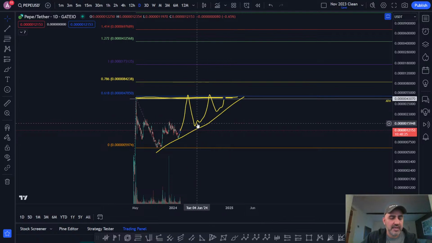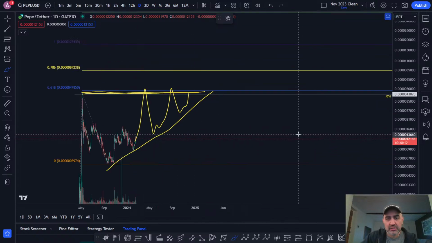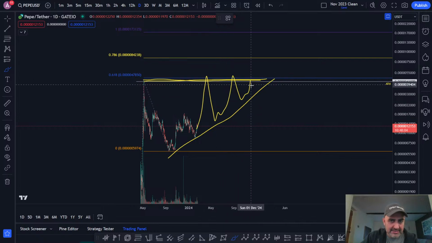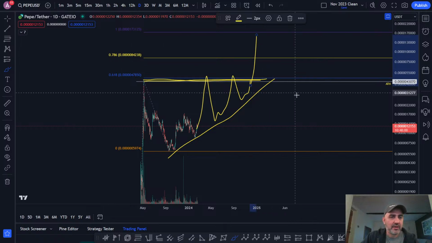That would make sense, because it means people are taking profit and they're just trying to buy back in, but it's so bullish that the price can only make a higher low every time, and then it keeps on testing this flat top until you finally get a breakout.